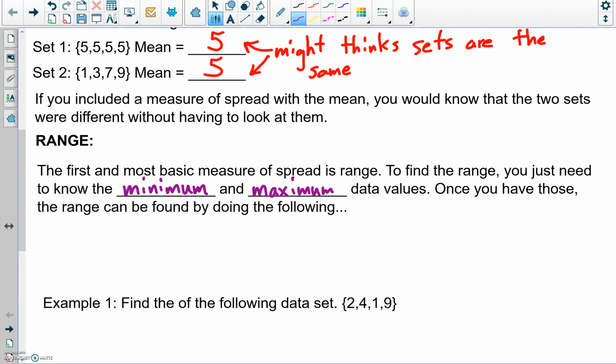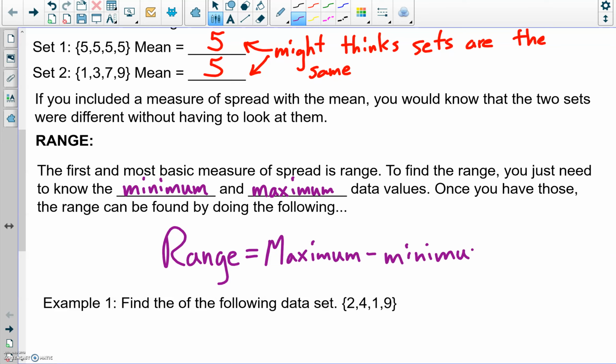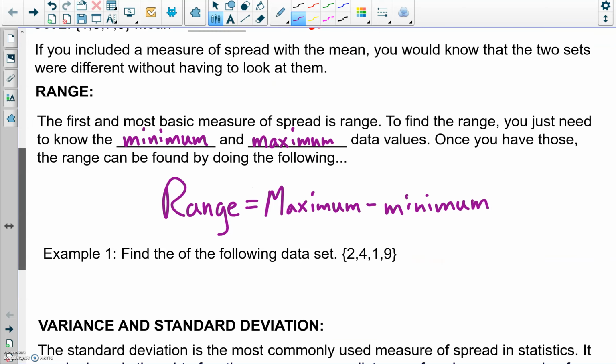Once you have those, the range can be found by doing the following. You just say, oh, well, what's the range? And the range is just equal to the maximum minus the minimum. That's it. It's one number, the max minus the min.